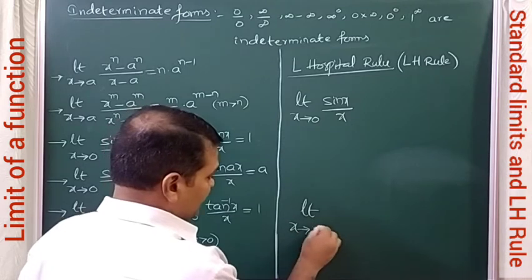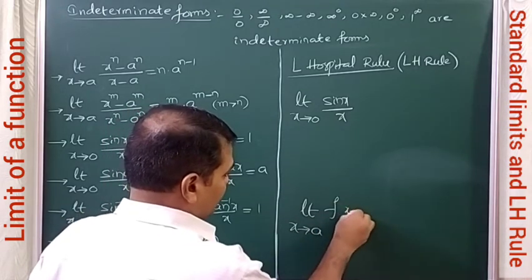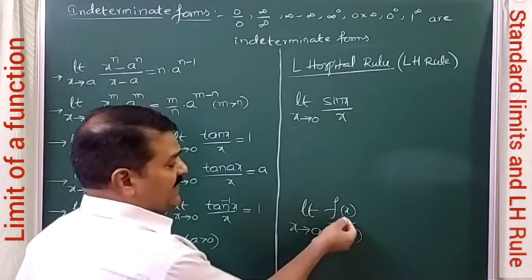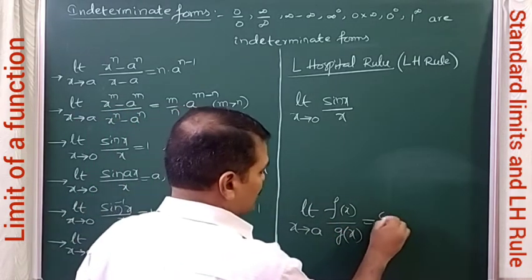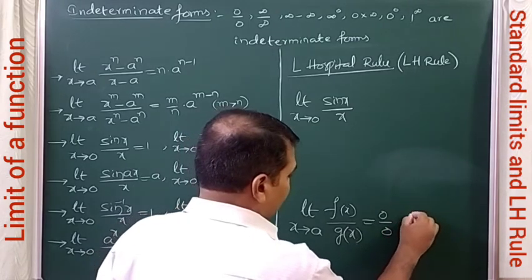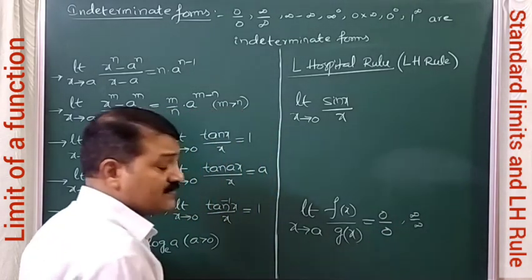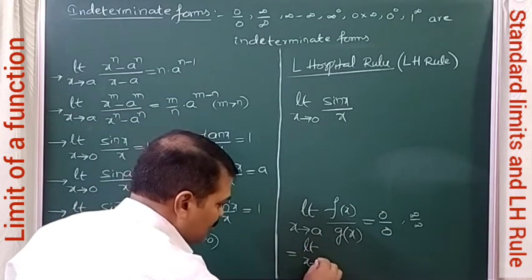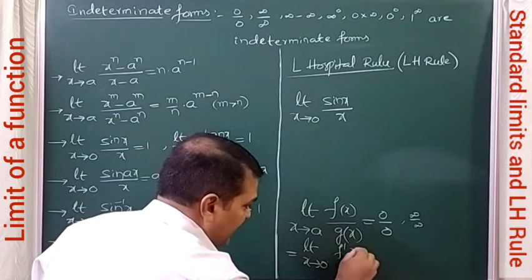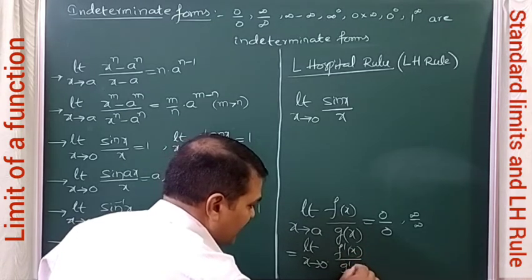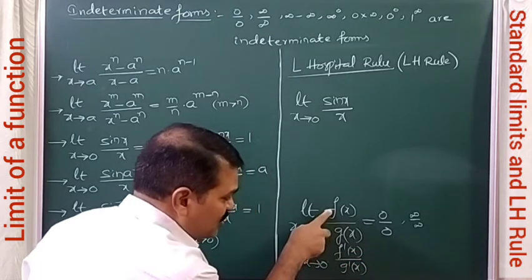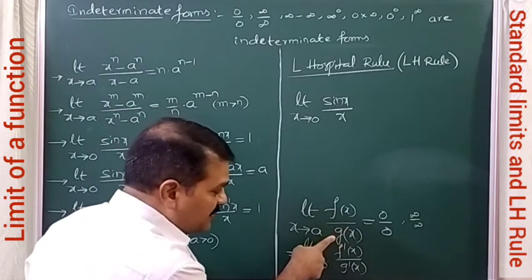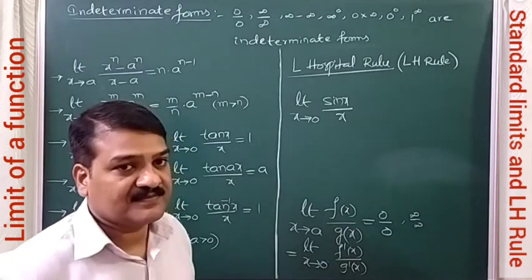So if you have limit x tends to a, f of x by g of x, when you directly apply the limit, if you are getting 0 by 0 form or infinity by infinity form, you can write this limit as limit x tends to a, f dash of x by g dash of x, where f dash represents the derivative of this function and g dash represents the derivative of the other function.